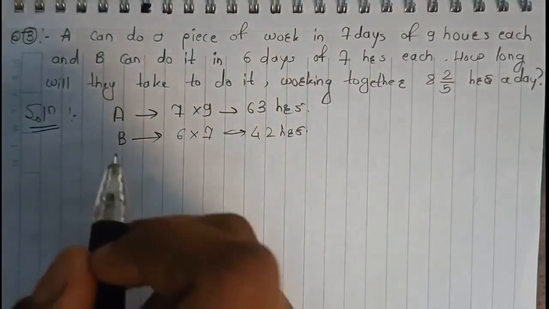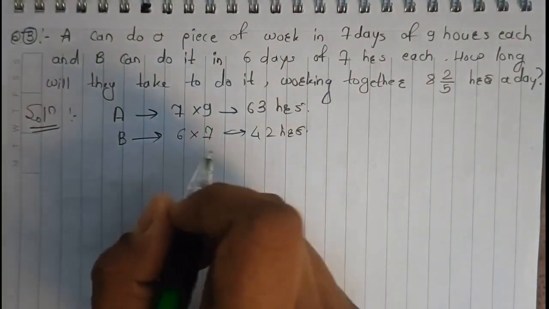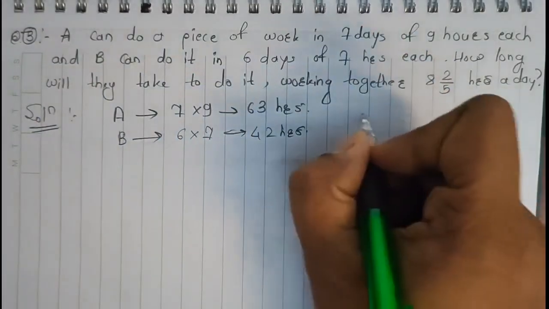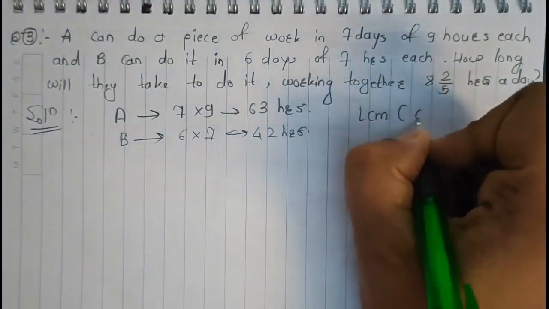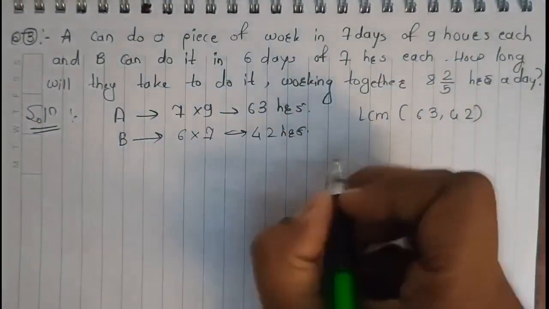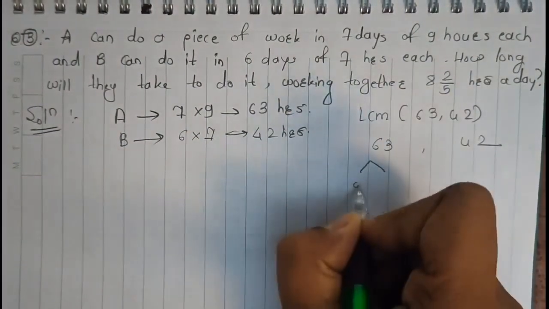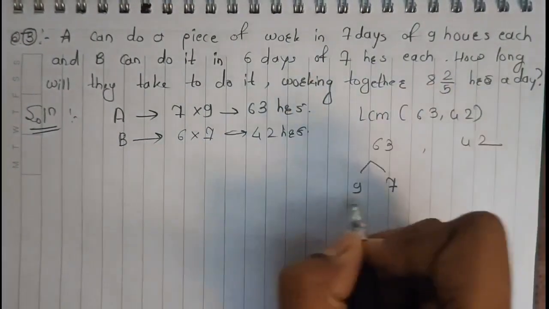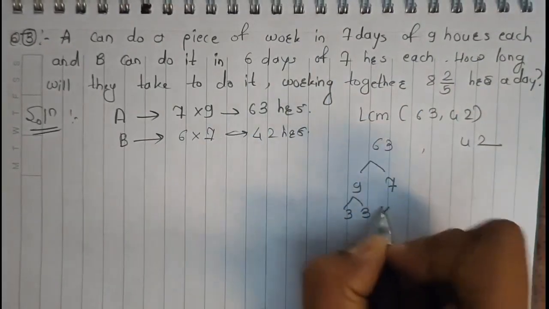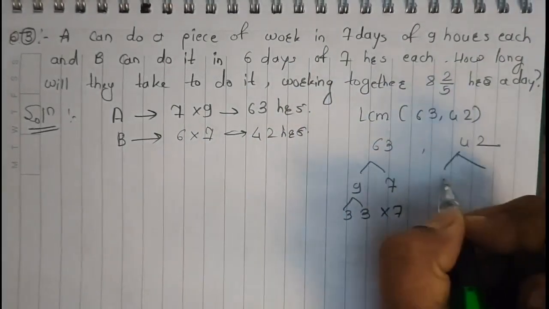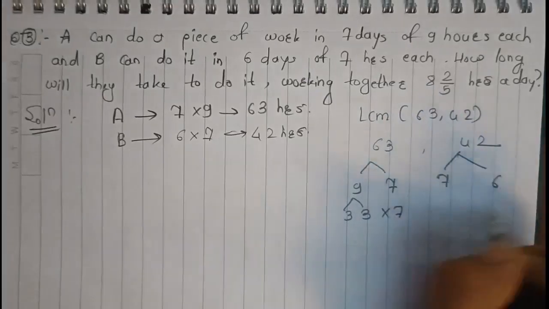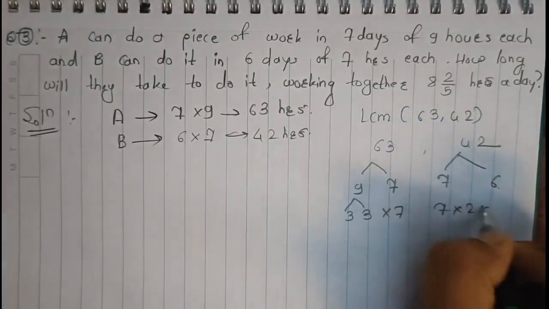Now, from this we can find the LCM, right? We can get the LCM of 63 and 42. By finding the LCM like this, 9 into 7 is 63, which is 3 into 3 into 7. For 42 it is 7 into 6, 7 into 2 into 3, right?